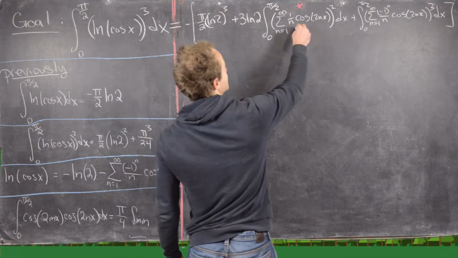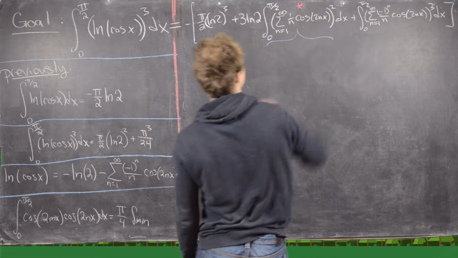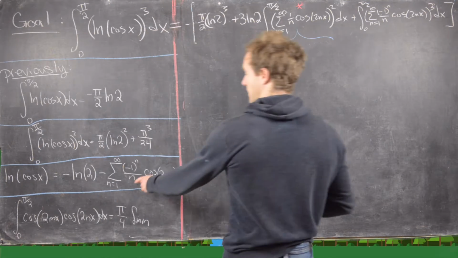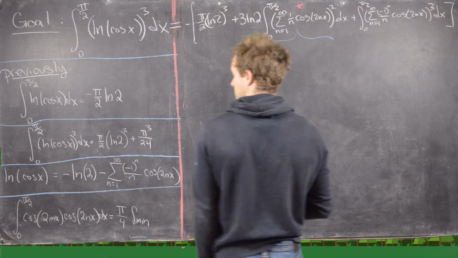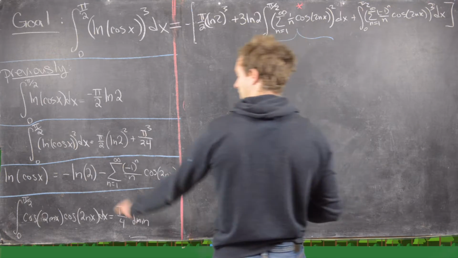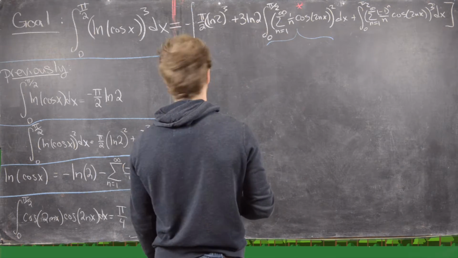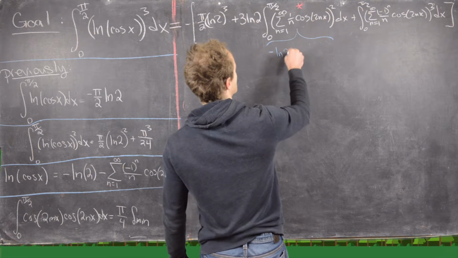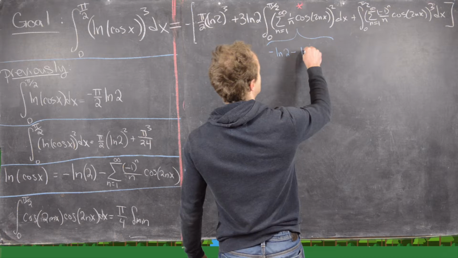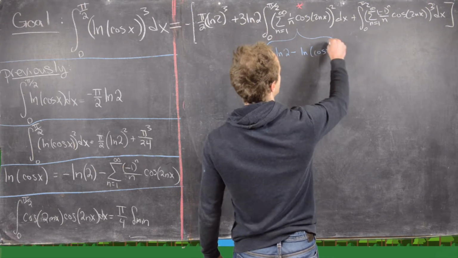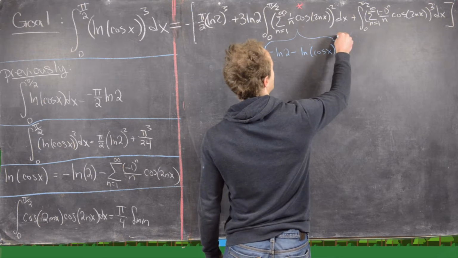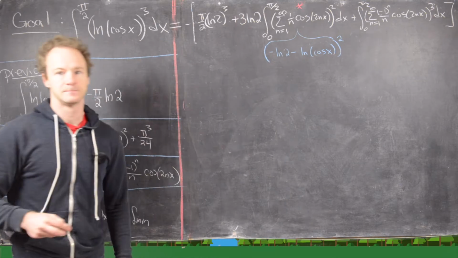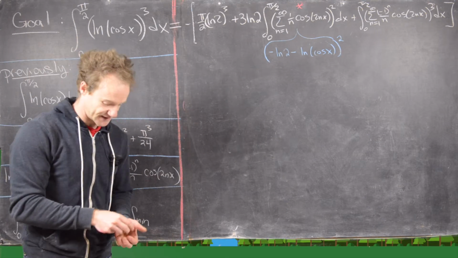So notice that this sum in here can be solved for in terms of natural log of cosine of x and natural log of 2. And this is in fact minus natural log of 2 minus natural log of cosine of x, and then that whole thing squared. So that's pretty easy to see.